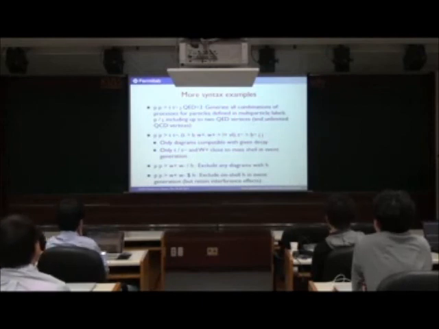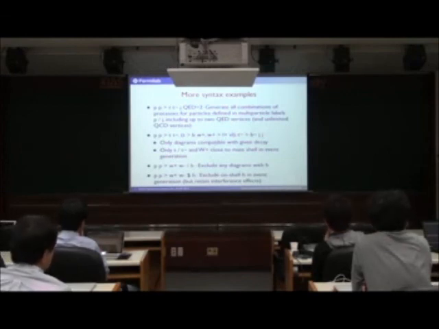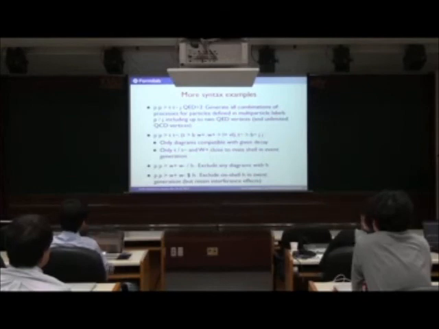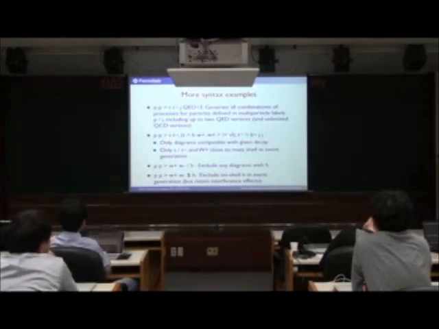So when we do a decay chain, you'll get only diagrams compatible with the given decay. Olivier will talk more about this. And this is also important: the t and the tbar and this W here will only be allowed to be close to the mass shell in the event generation. So you will not get t's and tbars which are extremely far off the nominal or pole mass. How far off can be decided by a flag in the run card.